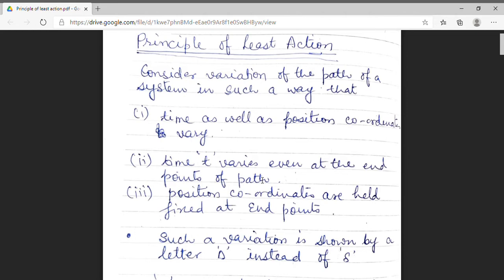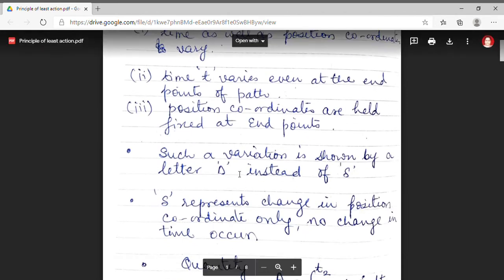This variation of time does not mean that there is a variation along the path, but time varies at the endpoints of the path. But along with this variation, there is one restriction, that at endpoints, position coordinates are held fixed, and I am representing this variation by delta.